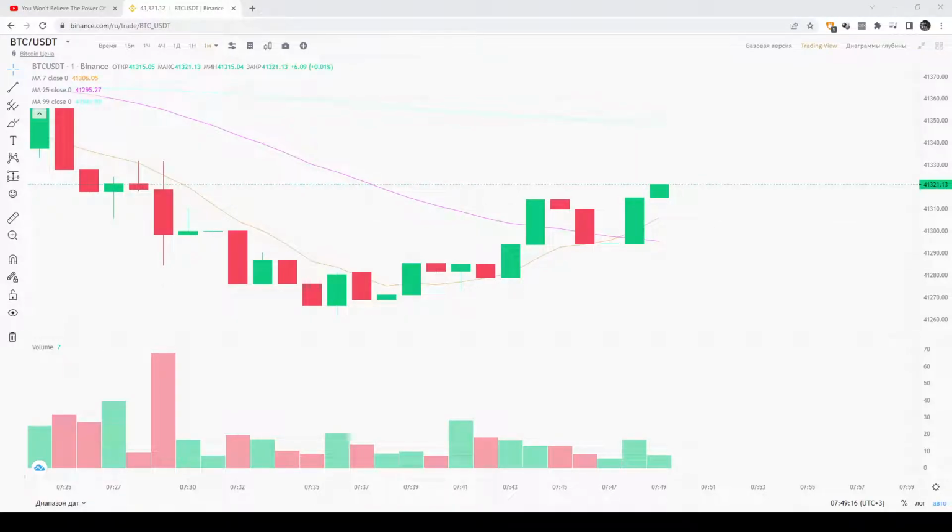Fractals are excellent for visualizing major highs and lows and act as support and resistance levels. A better approach to take profits is a few points above or below the previous fractals.